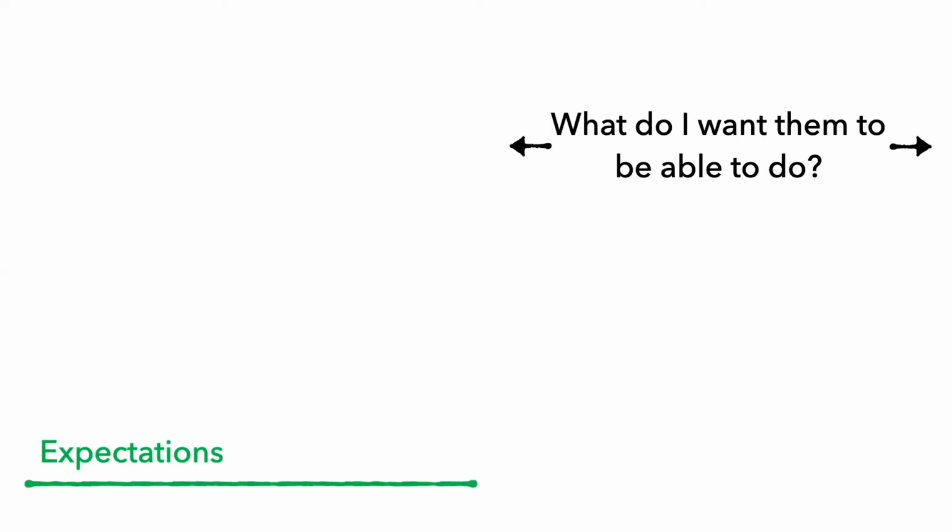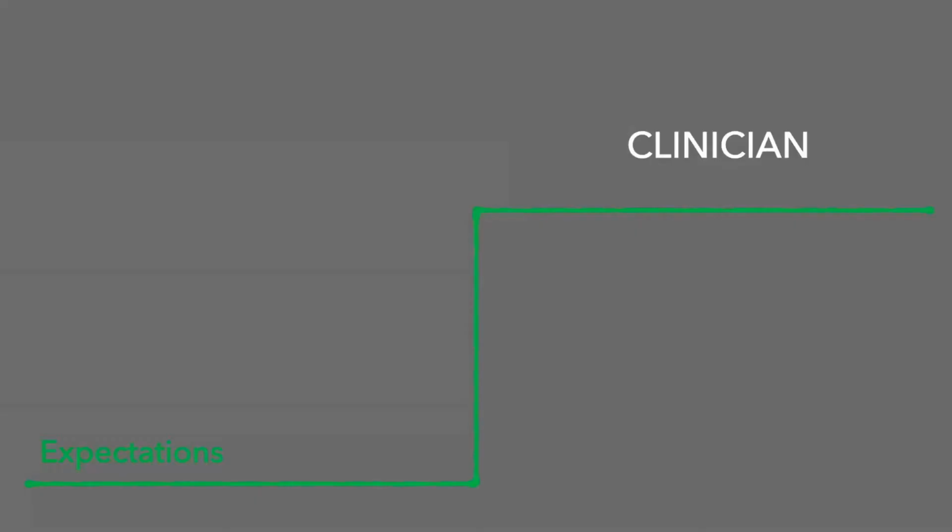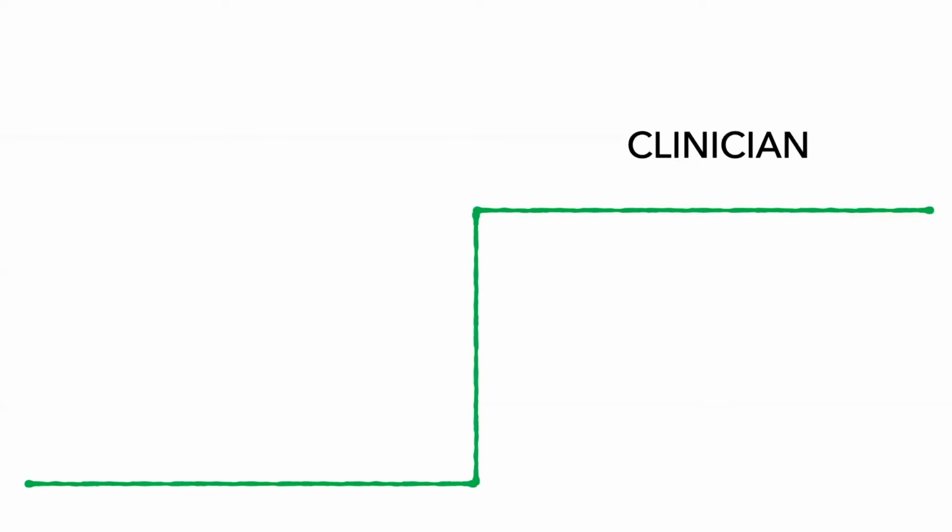I can say, I expect you to recognize a really obvious STEMI versus not a STEMI, or recognize and manage a basic arrhythmia. But I think it's important that my expectations for them are really high, that I expect them to be clinicians who can operate in that gray zone.